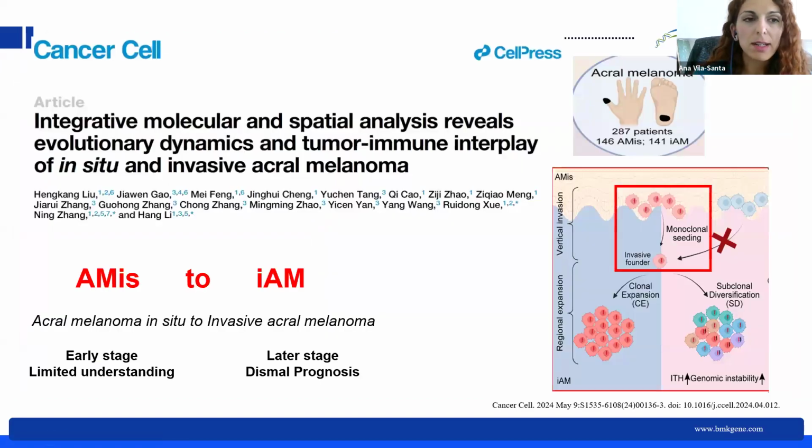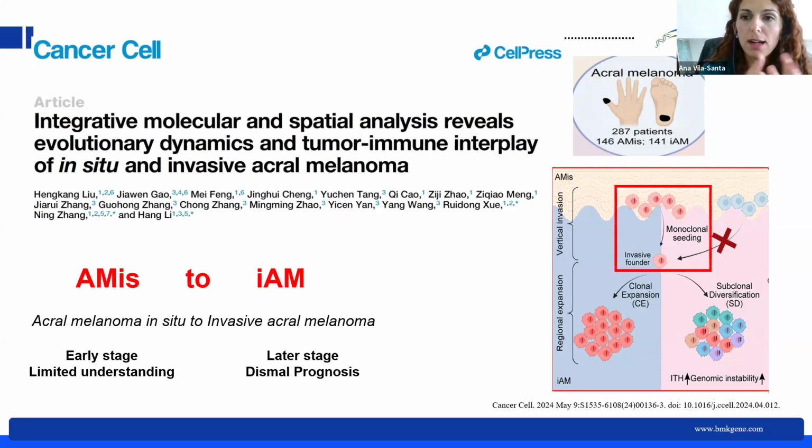I also bring here an example that was published very recently in Cancer Cell, and that used this spatial transcriptomics S1000 chip. In this case, the authors were interested in acral melanoma. This is a cancer type that appears in the skin of the hands and feet. And they were interested in trying to study the process of tumor invasion.